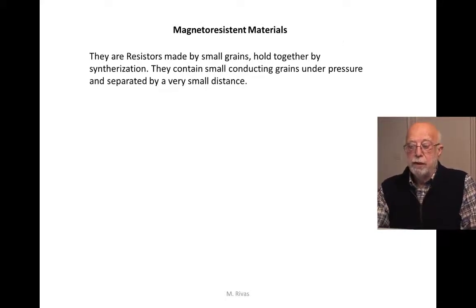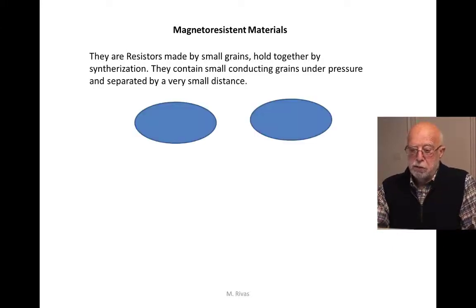These conducting grains are separated from each other by some distance, like this. These devices are very bad electric conductors, because it is not a continuous conductor. Electrons have to jump from grain to grain if they try to conduct electricity.